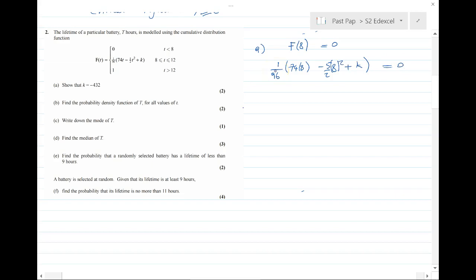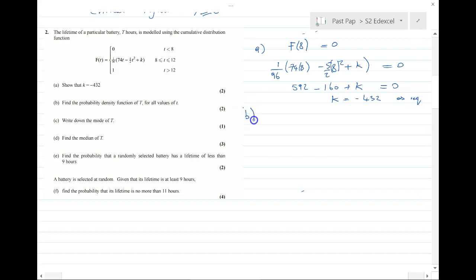So we're going to get 74 times 8, 592, minus 5 over 2 times 8 squared, 64, times 5 divided by 2, is 160, plus k equals 0. So that gives us our required value for k. k is equal to minus 432 as required. There we go. Couple of marks for that.